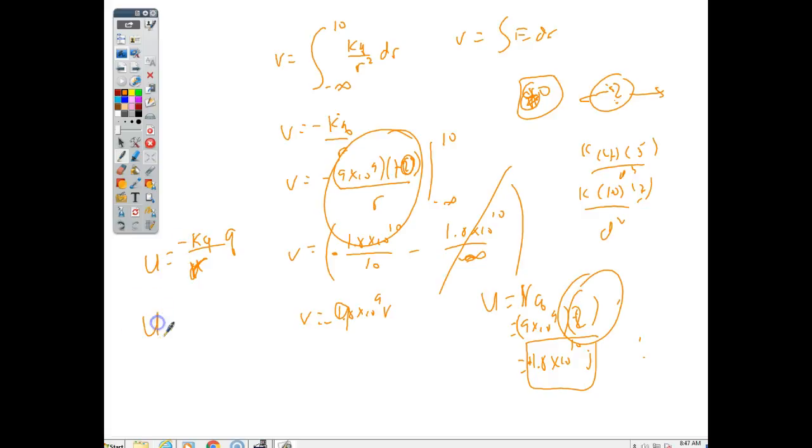Yes, because the potential energy for gravity is G M1 M2 over R with a negative out in front, and yes, it goes to infinity. So my potential energy formula can be gotten directly this way without dealing with voltage at all, as long as we're talking about a single point charge.